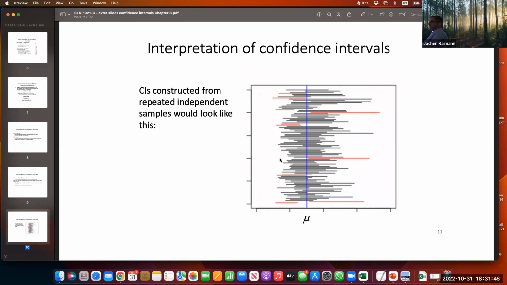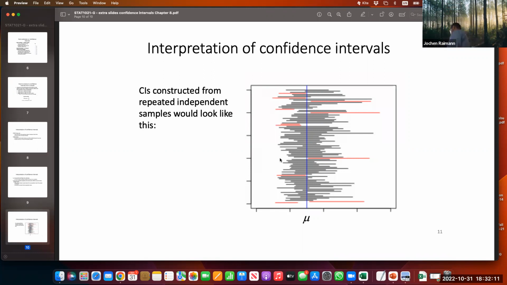This is how you have to look at it: you have 100 samples, and out of the 100 random samples that you have drawn, 95 would contain the population mean.